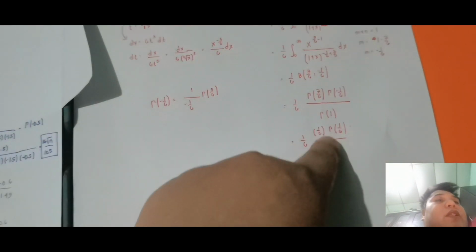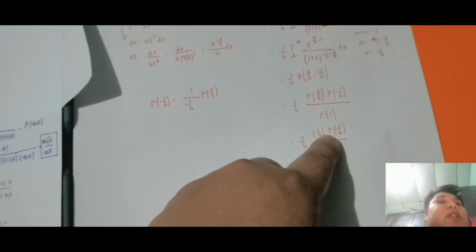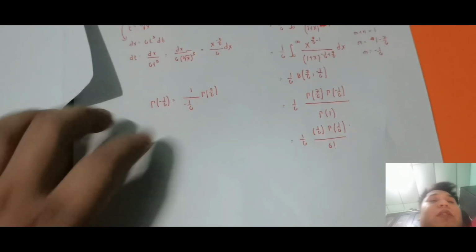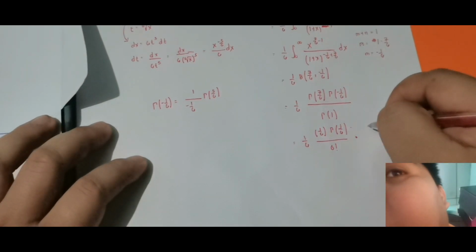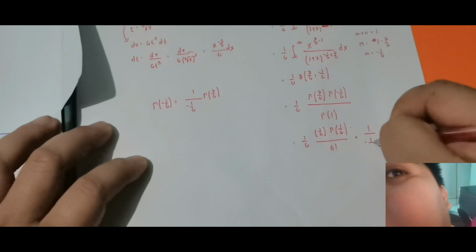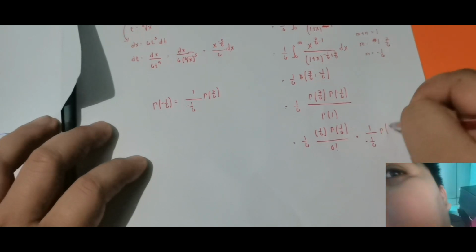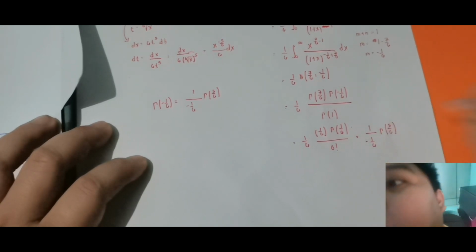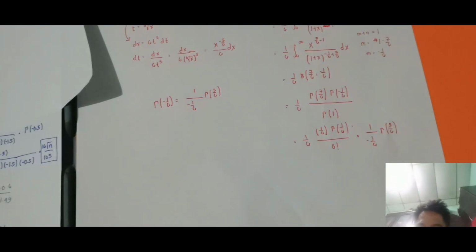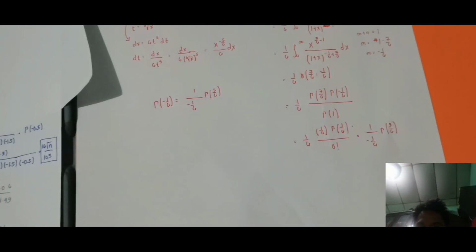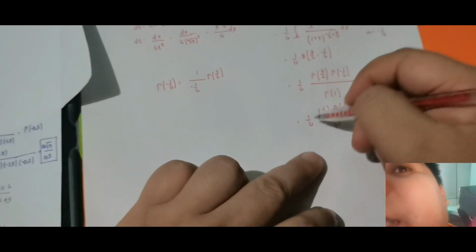Okay, so next is ito, no. Ito yung sa gamma ng 7 over 6, ito pa lang. Tapos yung gamma ng negative 1 over 6, ito ay i-multiply natin dito: 1 over negative 1 over 6, tapos gamma ng 5 over 6. So, ano ba yung 5 over 6 saka 1 over 6? Yung 1 over 6 is 0.16, so, cancel ko na to, no?